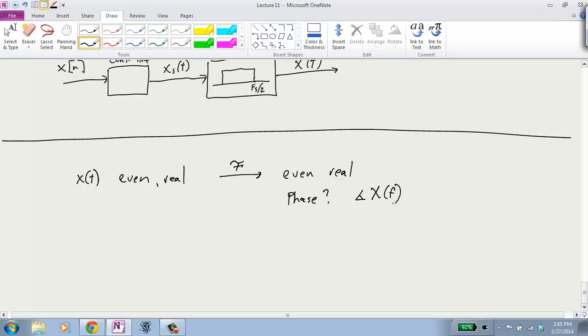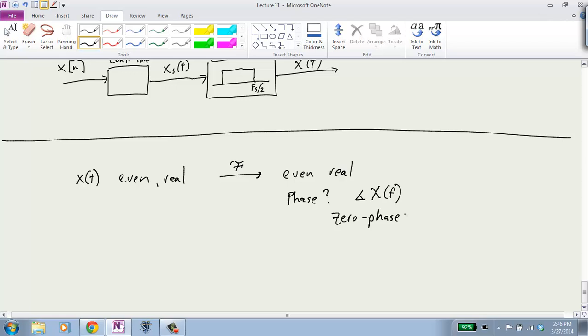Technically, the phase could be pi as well. It could also be 2 pi, but we consider 2 pi the same as 0. Why could it be pi? Because x of f could be negative. But I'm going to say this is 0 phase, even with that little caveat that it could be pi phase as well if x went negative. But this is generally called 0 phase.